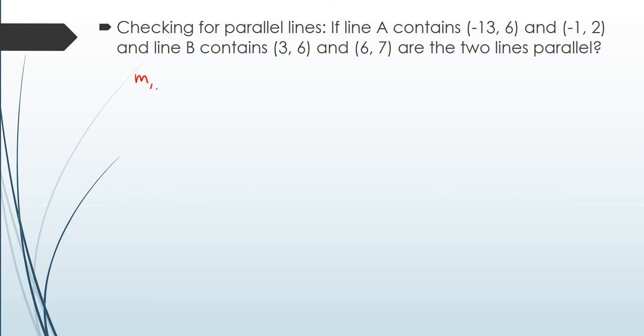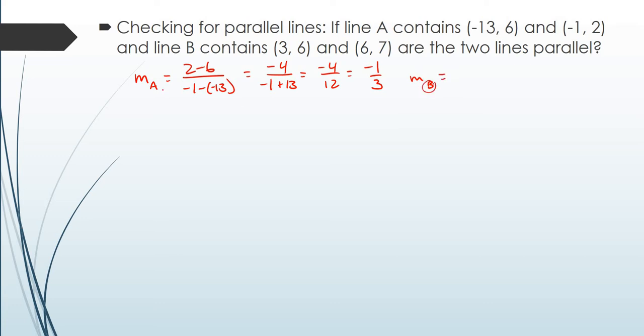So the slope of line A is y minus y over x minus x. So that's -4 over -1 plus 13, which becomes 12. -4/12 is -1/3.